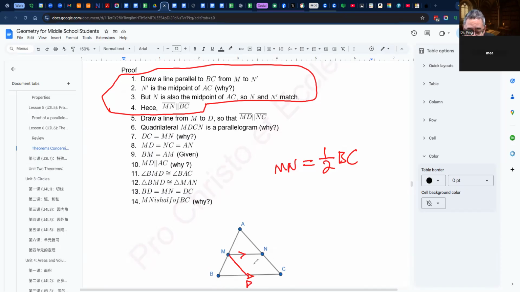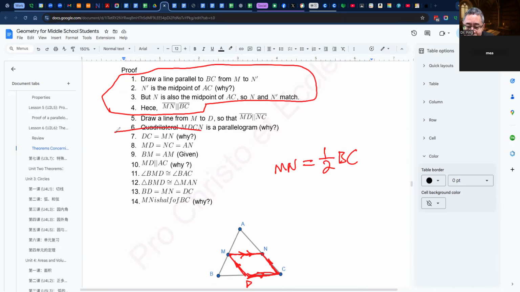And so that MD is parallel to NC. Okay, so now we know this is a parallelogram. Based on the definition of a parallelogram, because we know this side and this side are parallel, this side and that side are parallel, so it's a parallelogram.